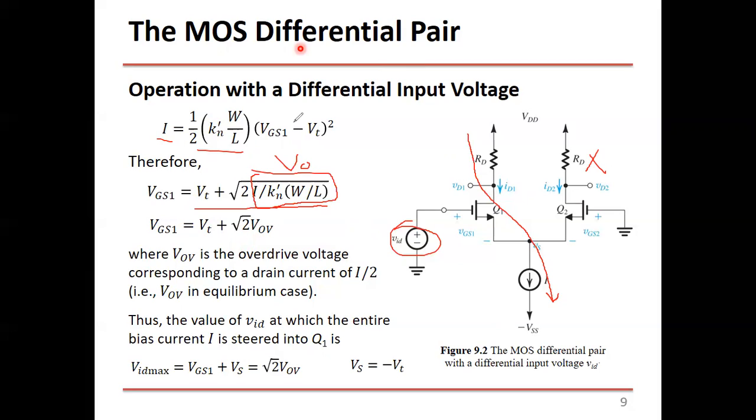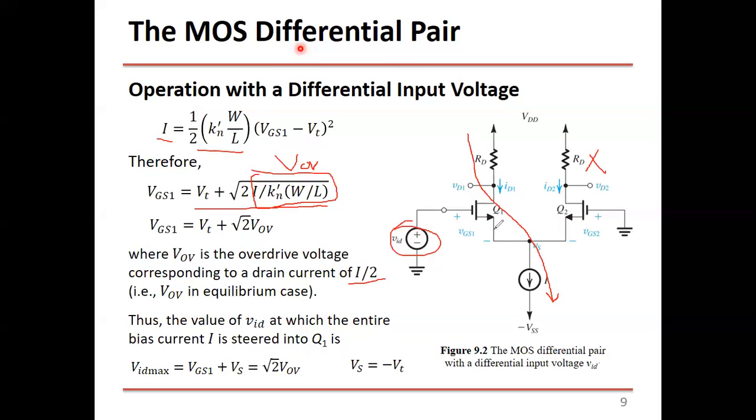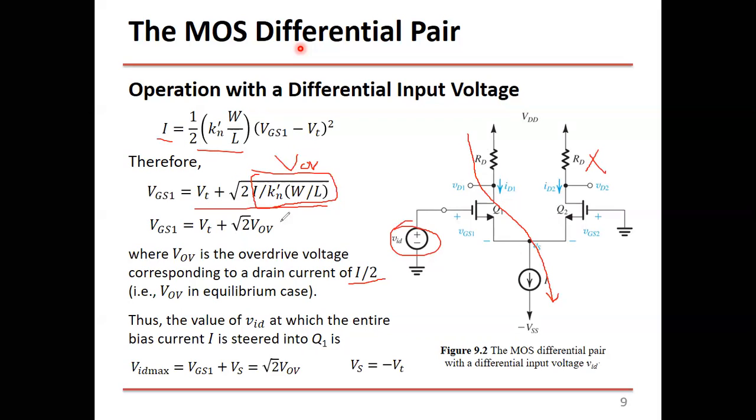This is the V over drive voltage that corresponds to current I over 2, to the common mode situation, not to the differential mode. So this V over drive is the common mode V over drive voltage. So VGS1 is V threshold plus square root of 2 times V over drive of the common mode.